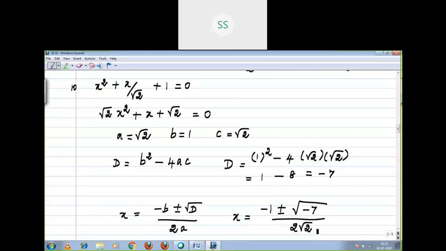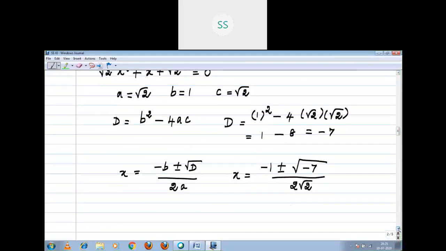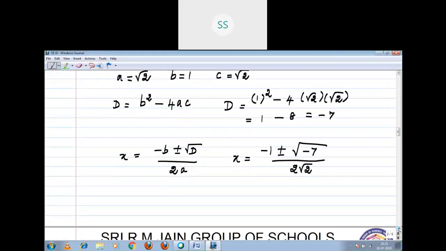Root minus 7 can be written as root 7 i. So x is equal to minus 1 plus or minus root 7 i divided by 2 root 2.